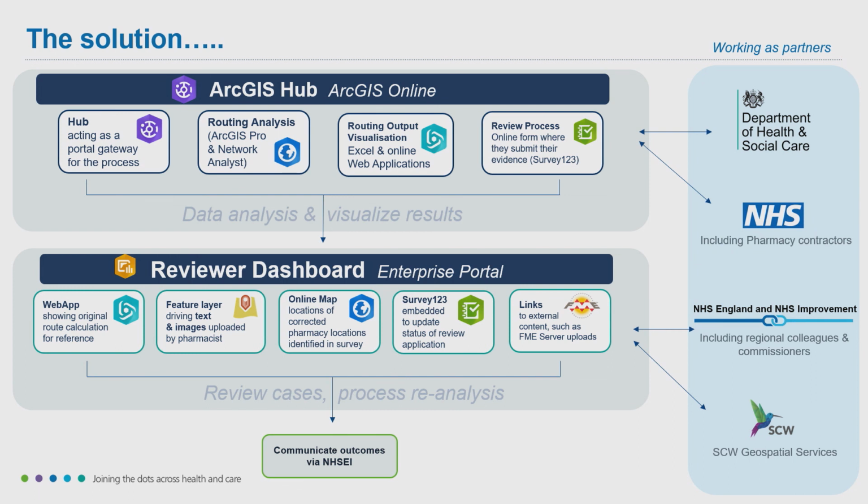In order to facilitate the review process, what I will be focusing on showing was creating an online dashboard for NHS England and Improvement regional teams to use to see the information about each case and progress the decisions towards the committee boards. I'll now talk through how we configured that dashboard.